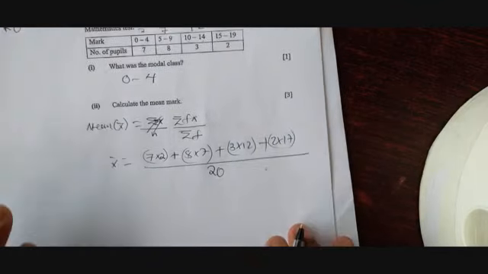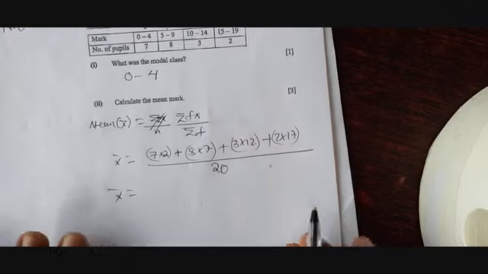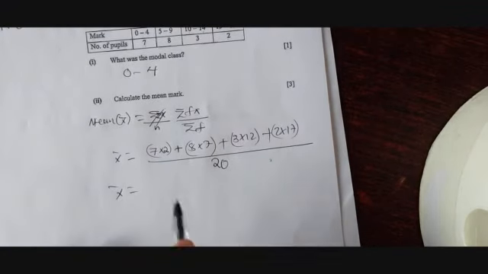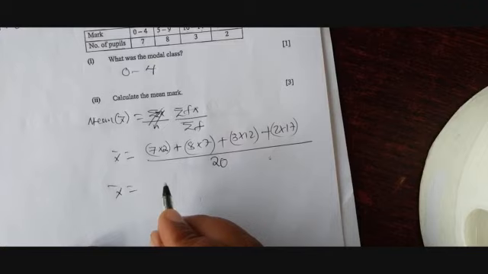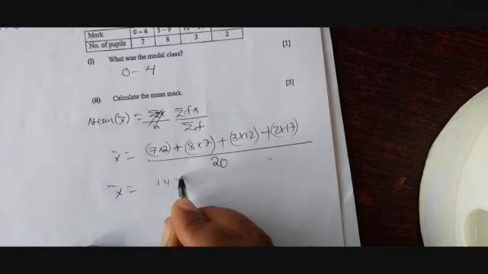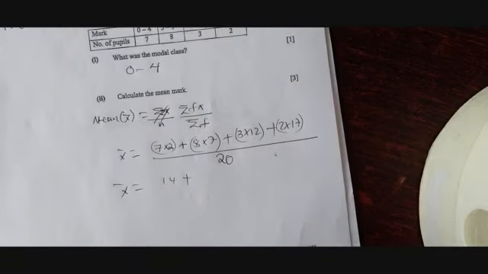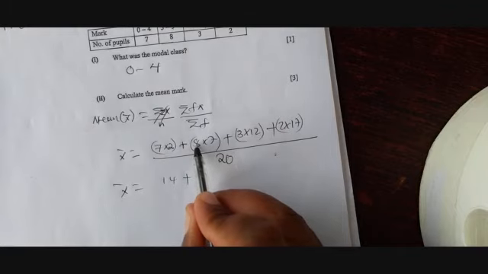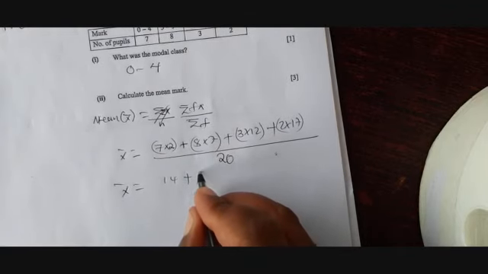Okay. Then you multiply this. You say, what is 2 times 7? 14 plus, so you have this, 8 times 7 is 56.